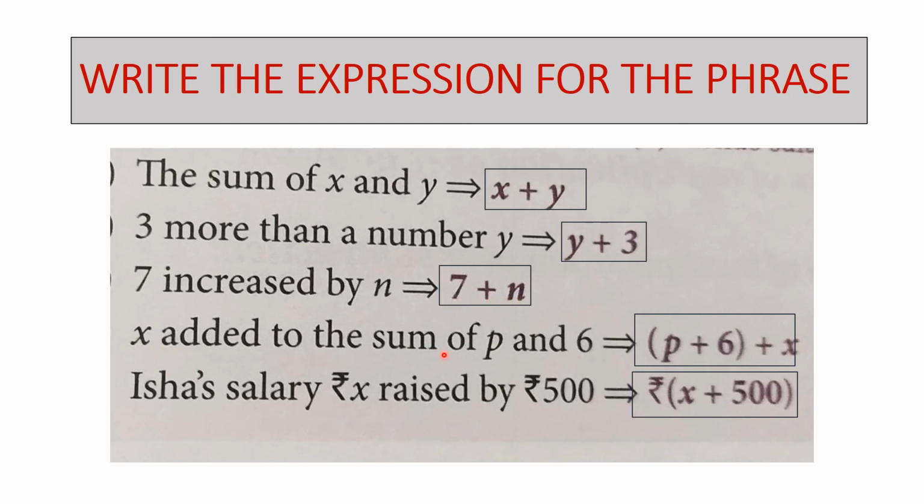x added to the sum of p and 6. So the sum of p and 6 will be written as p plus 6, and x added to the sum. So that is why we have written it in brackets, p plus 6 plus x. Isha's salary rupees x raised by rupees 500.